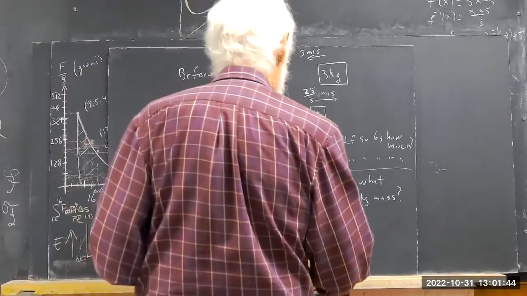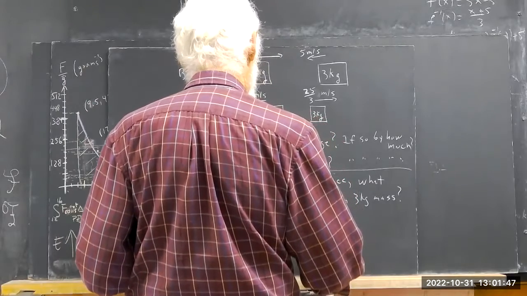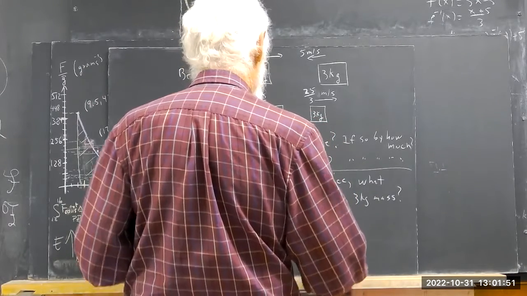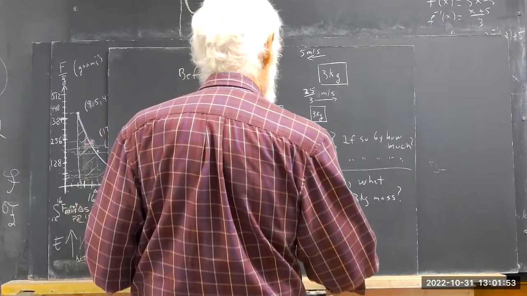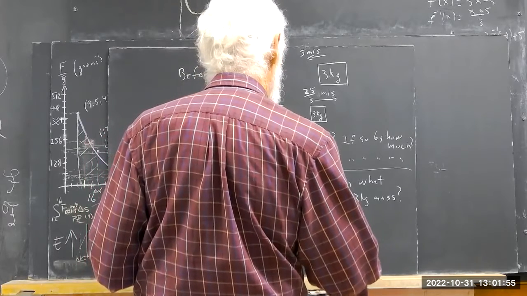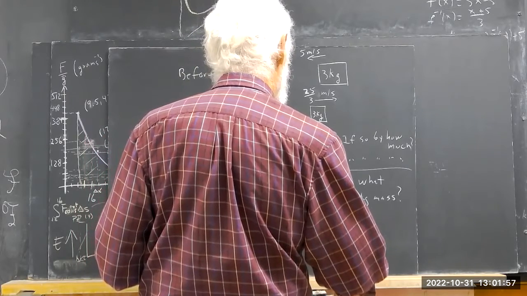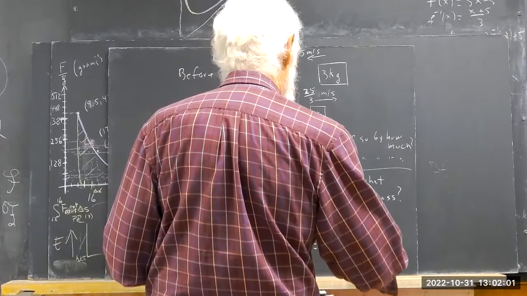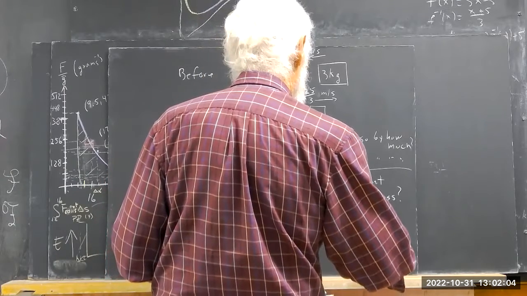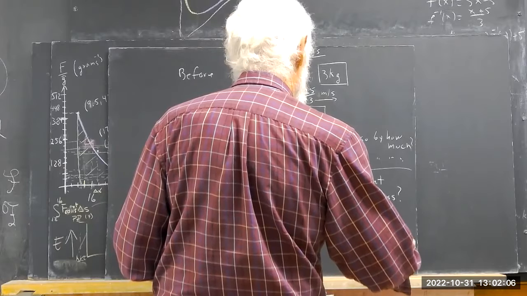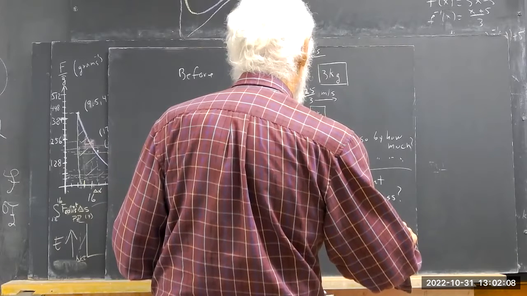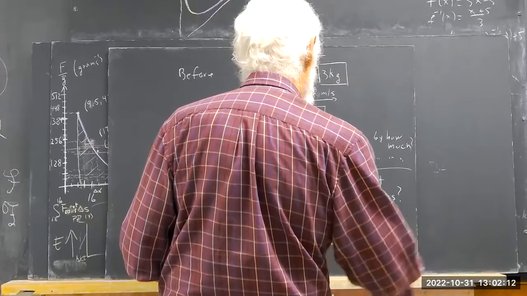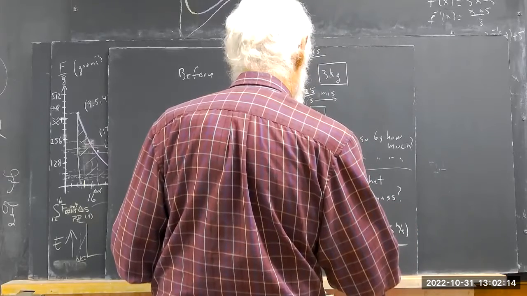So that's 3 kilograms times 25 meters per second minus 3 kilograms times negative 5 meters per second.